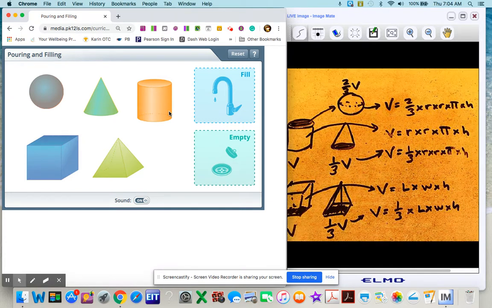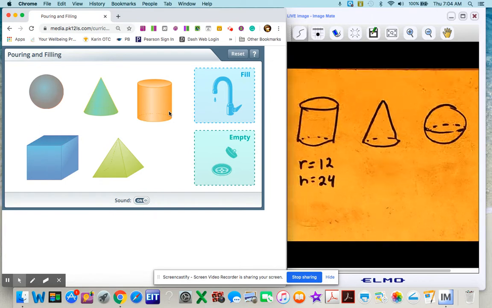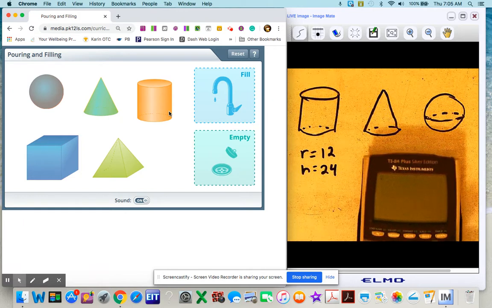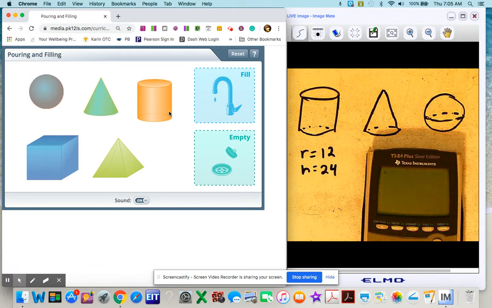Knowing that, I'm going to have you figure out a couple different things. What if I had a cylinder with a radius of 12 and a height of 24? How could I find the volume of all three of these? For the cylinder, I'm going to do what I've been doing for the last couple of days: radius times radius times pi times height.